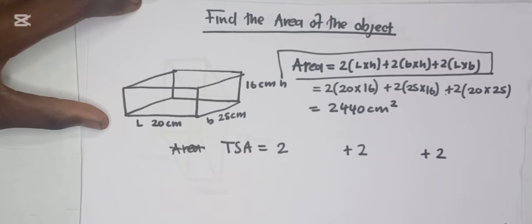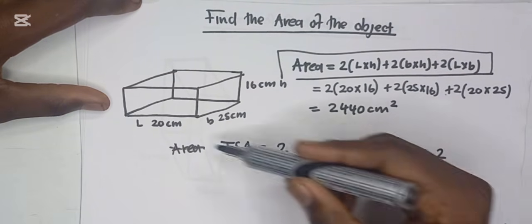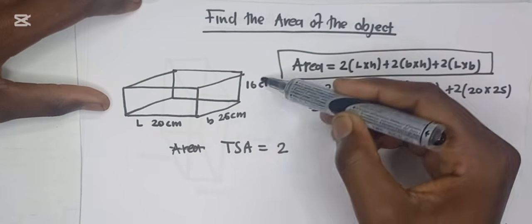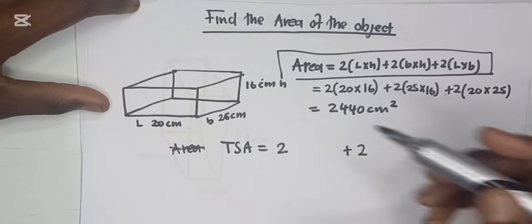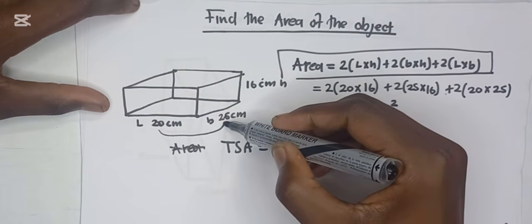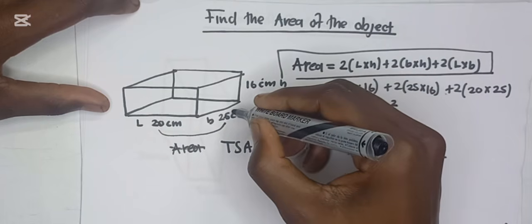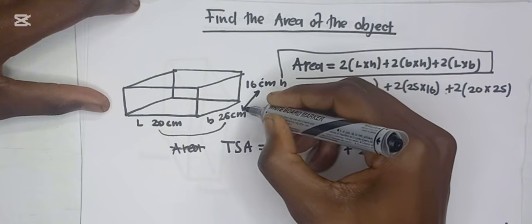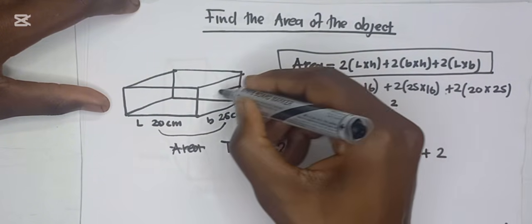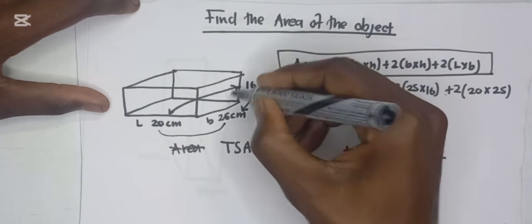Then play around with the two sides you are given here. Take this and multiply with this first. For the second, you take this 25 and multiply by this one. And lastly, you take this and multiply by that one.